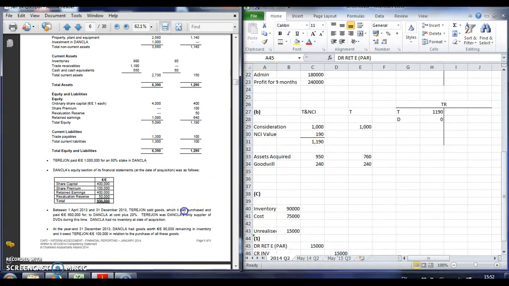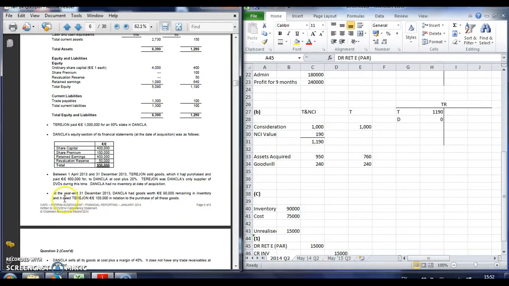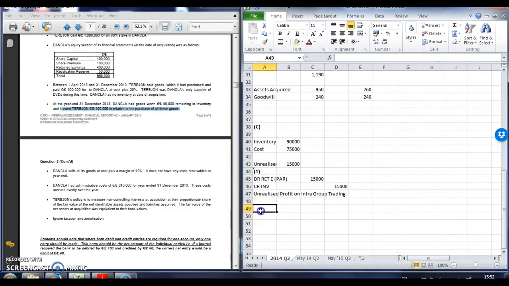You're also told that it owed TAccount, so Dankla owed TAccount 100 grand in relation to the purchase of these goods. So that is an intra-group balance, and so that also needs to be stripped out. So we will credit trade receivables of 100, and we will debit trade payables of 100, and call that removal of intra-group balance.